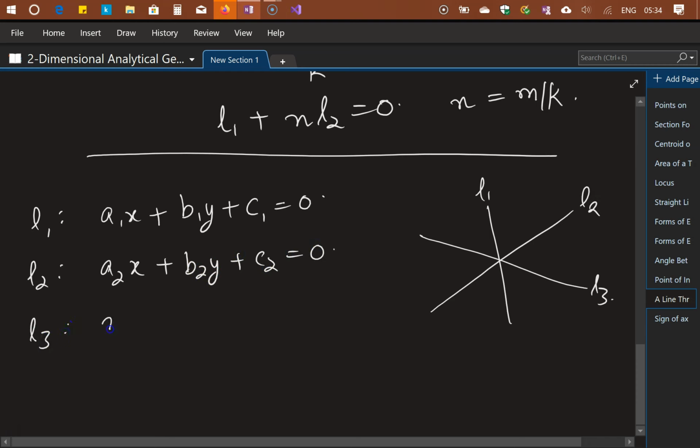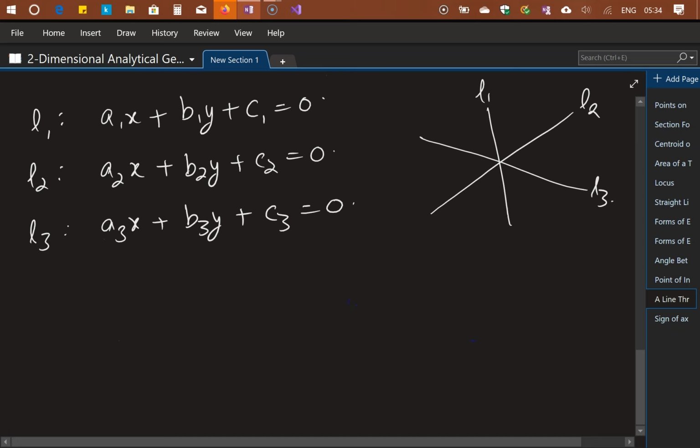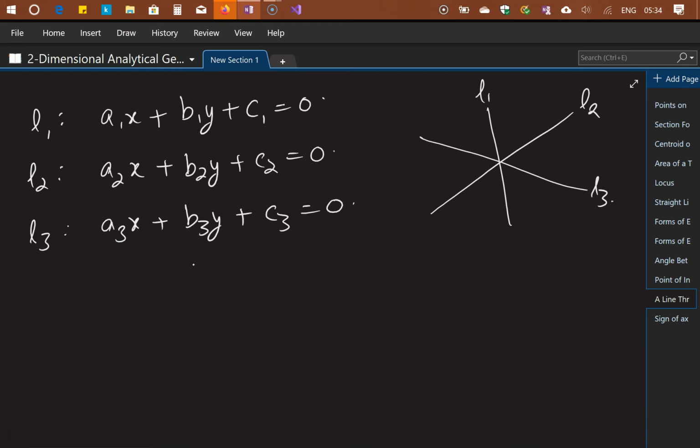And L3 is A3x plus B3y plus C3 equal to 0. The drawing is not given to you. If you are given these 3 equations of 3 lines, how will you figure out whether they are passing through the same point?